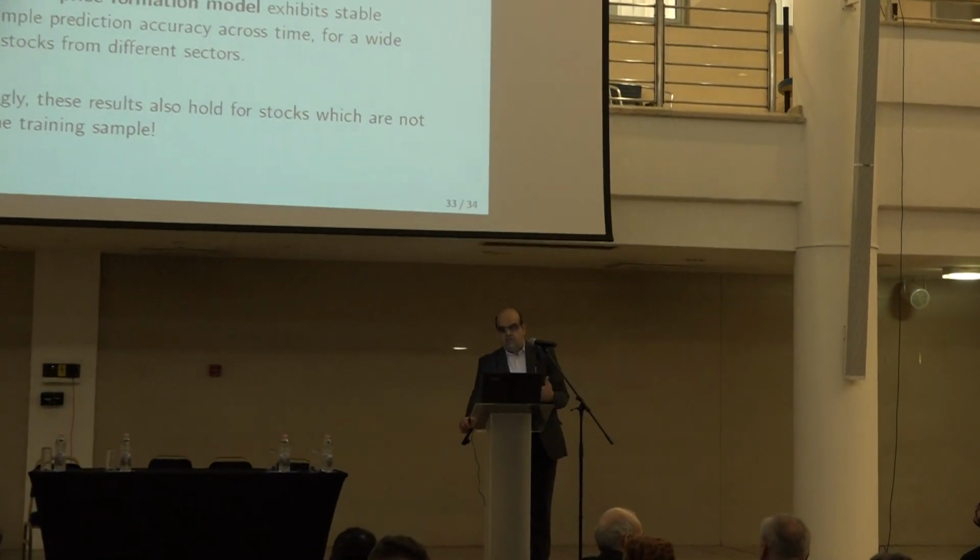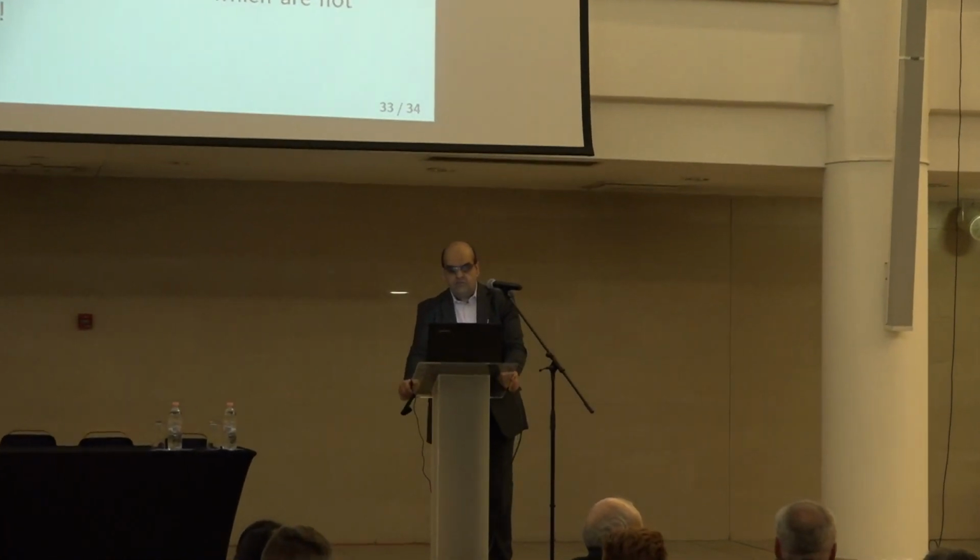These features capture the nonlinear relations between price and order flow in a way that is stable across time and stocks. It's the same across all periods we look at and across all stocks. We have remarkably stable out of sample accuracy for the predictions, which do not decay across time as we move farther from the training sample, and which generalize properly to stocks not included in the sample.